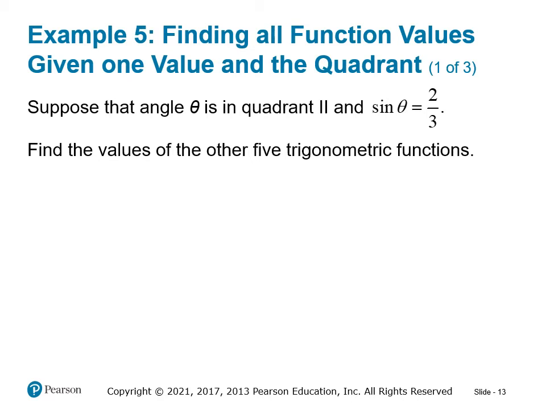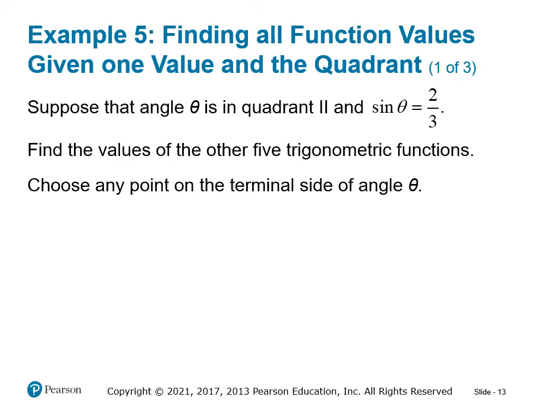Remember, let's find the values of the other 5 trig functions. Well, we immediately know the value for cosecant, right? Because it's just the reciprocal. So that's pretty much an easy one. But it can be helpful if we figure out the values of x, y, and r, and then we can just plug them in, right?